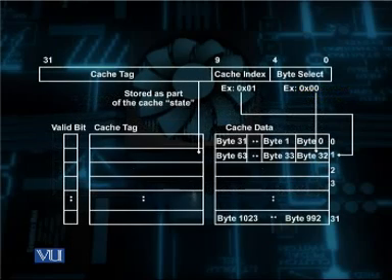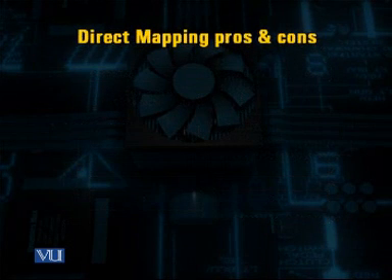Here you can see that the 32-bit address field has been divided into 3 sections. Bits 0 to 4 identify the byte within a block, bits 5 to 9 indicate the block index or cache index, and the 22-bit field from bit 10 to 31 indicates the cache tag value.